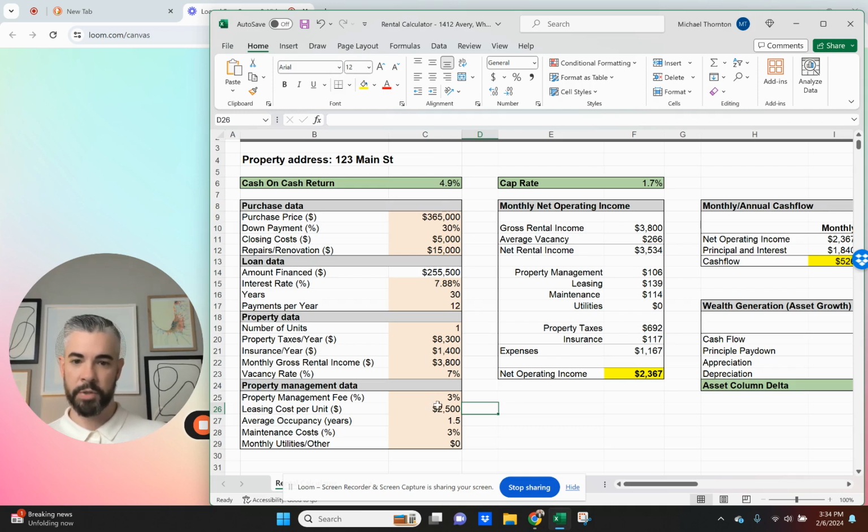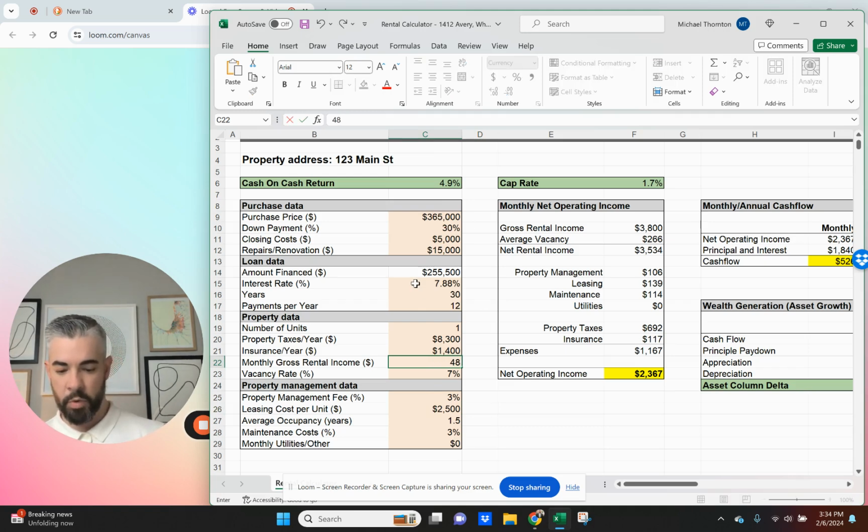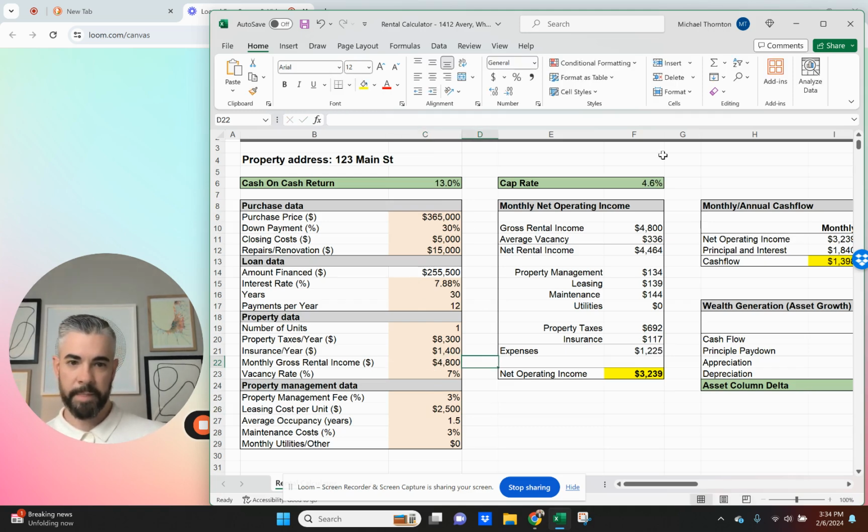Now, if you were to increase the rent, obviously, if you could pull more, those numbers change to some pretty decent numbers. But let's just say it's 3,800, and this is the scenario, right? Now, if you were to finance a different portion of this, obviously the numbers change. Cash on cash changes because you have more equity in the deal, and then the cap rate gets a little bit better because you don't have to pay that higher interest payment or mortgage payment due to interest.